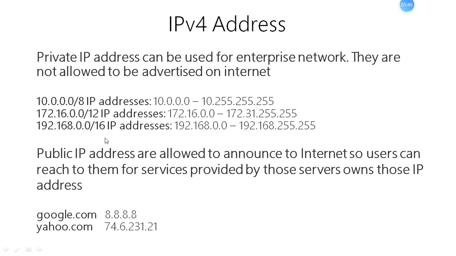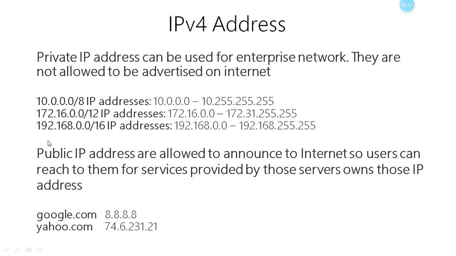That means you can use those IPs internally in your network, like an enterprise network, as long as you are not announcing those IPs to the internet, it's good, right? So these IPs can be reused by different enterprises, right?